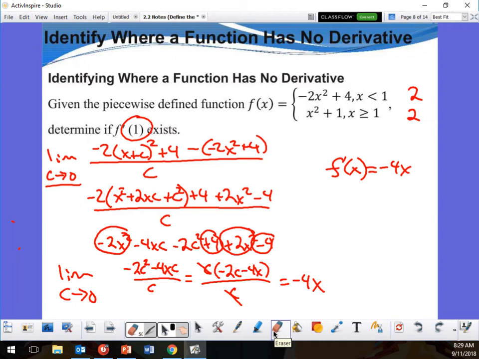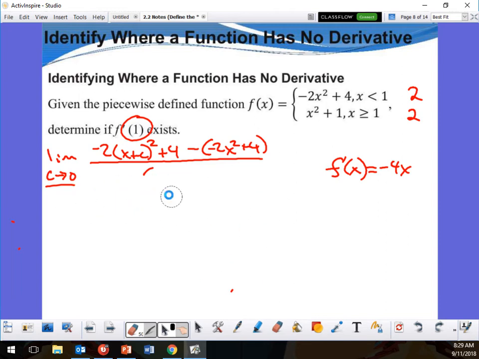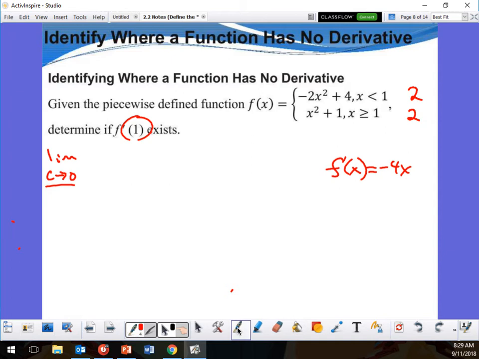So I'm going to erase this part right here, and I'm going to do it again, but for the other one, the bottom of the piecewise. So this one's going to be x plus c, squared plus 1, minus x squared plus 1, over c.